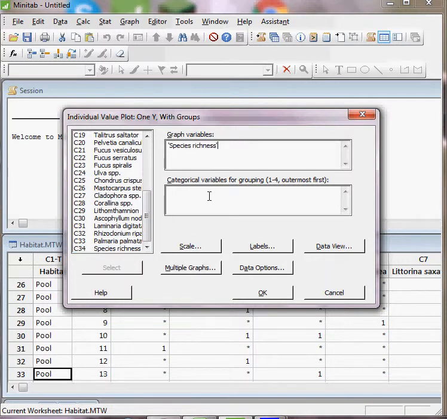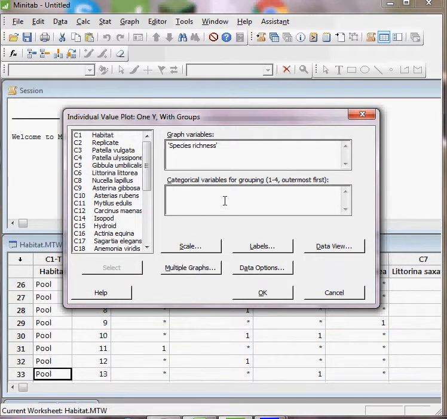So we select that for the graph variable box, and then in the categorical variable box we want to select the habitat. Various other options here let us set the title and the axes labels for this graph. Trying to keep the video short, won't go through all of that, but they're all there.